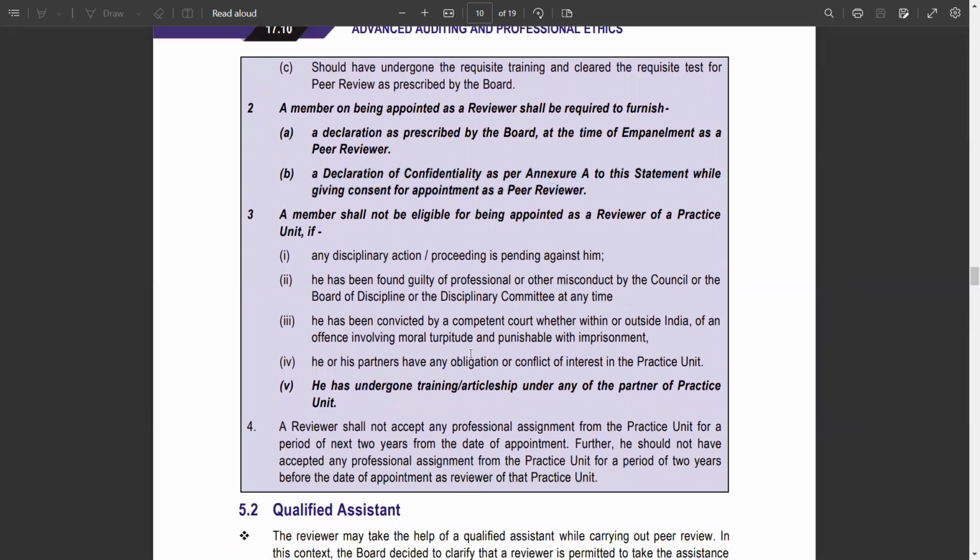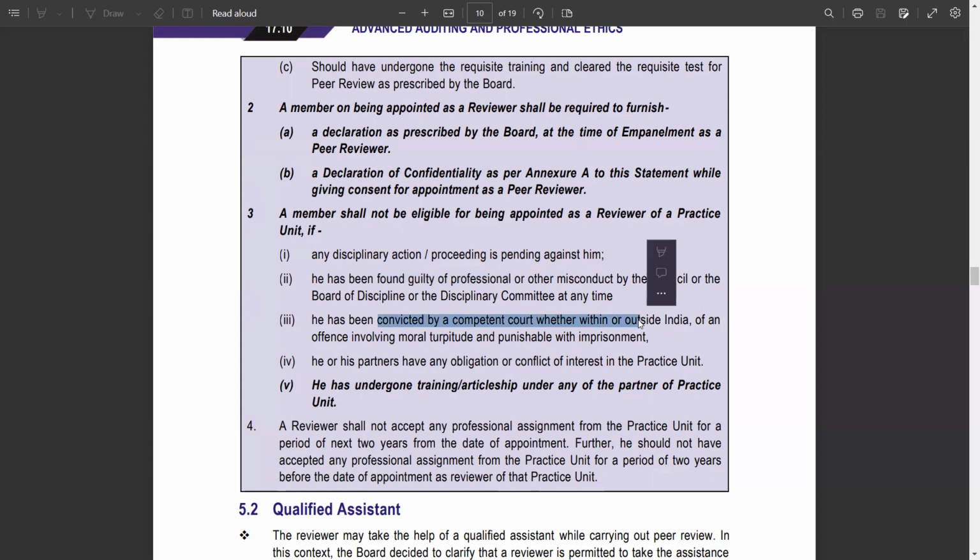Then, a person who shall not be a member, a reviewer of practice. This is the same as Section 8 of the Chartered Accountants Act 1949. If you read this carefully: against whom any disciplinary proceeding or action is pending, found guilty of professional or other misconduct by the board or disciplinary committee, convicted by a competent court, whether within or outside India.